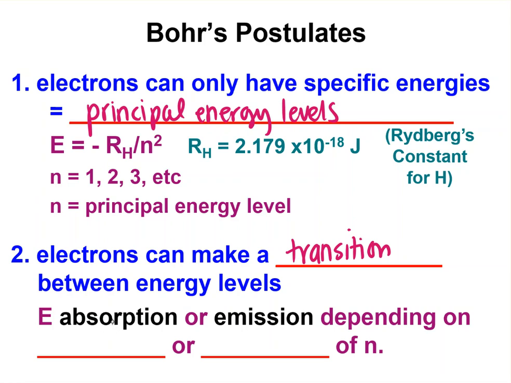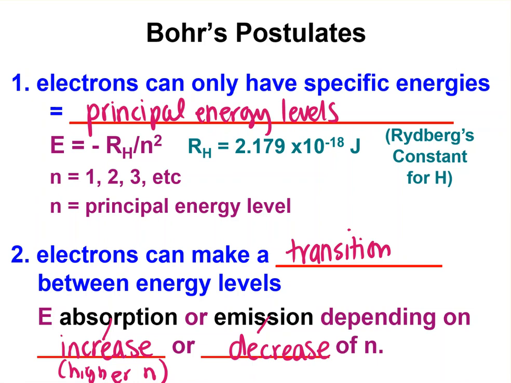If they absorb energy, they can increase, go to a higher number, higher energy level, or if they emit, they can decrease. So when we say increase in N, that means like going from the first energy level to the second energy level. That's what we're talking about. We'll look at it graphically.